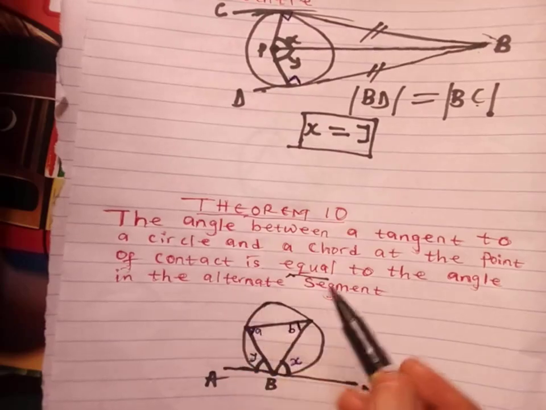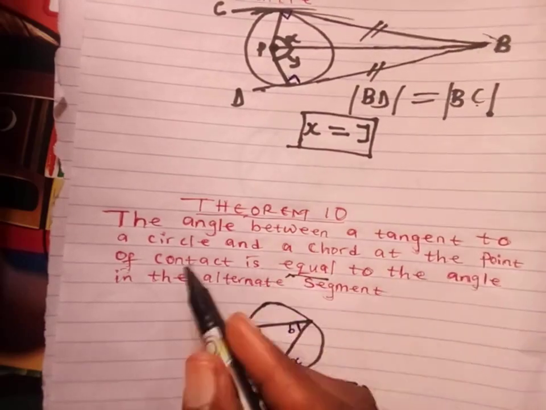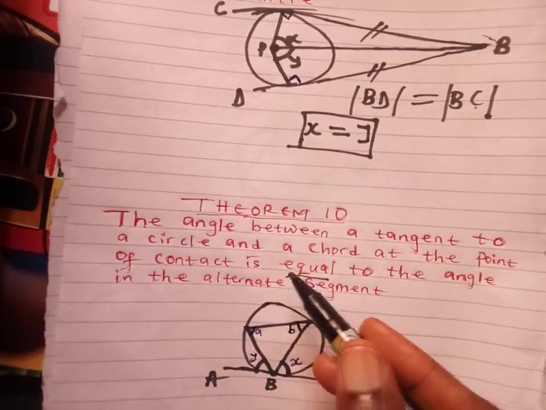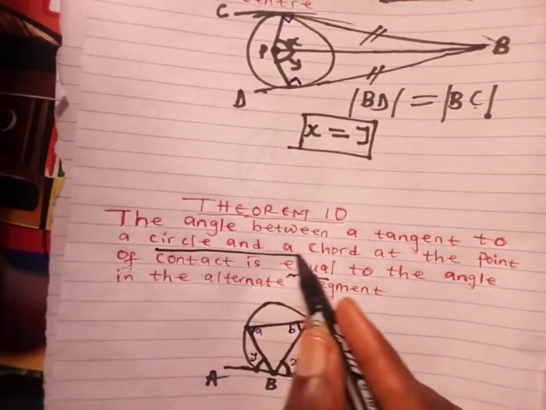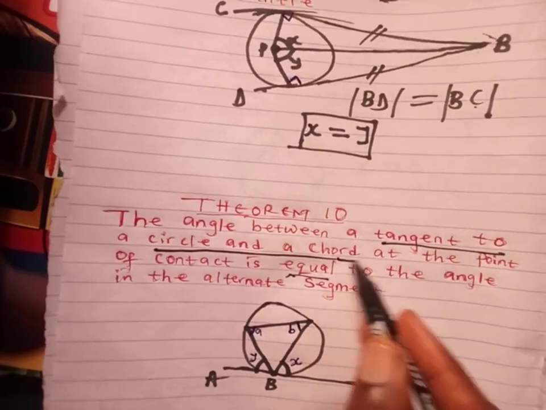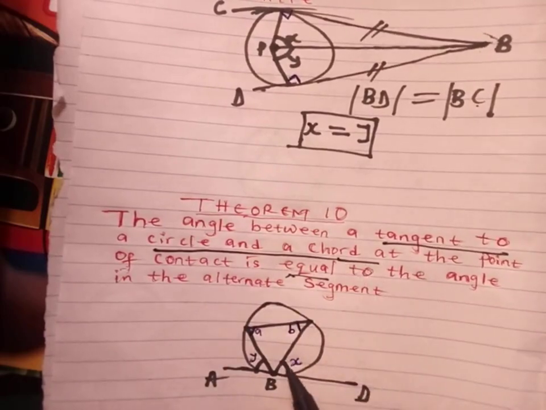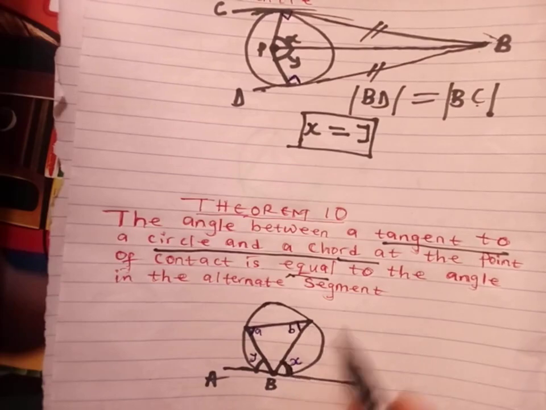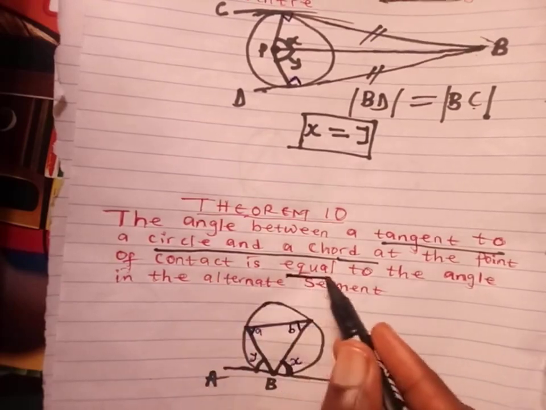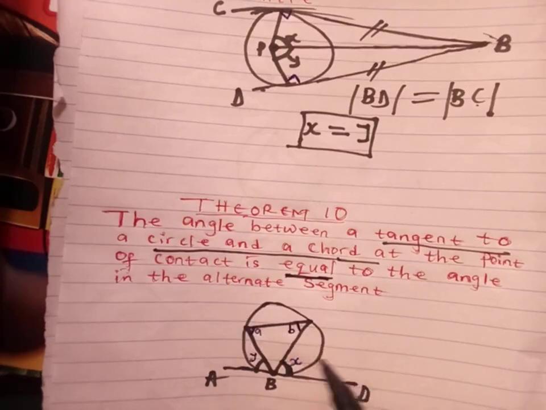That the angle between a tangent to a circle and a chord, X is the angle between this tangent to the circle and this very chord. That this very angle will be equal to the angle in the alternate segment.